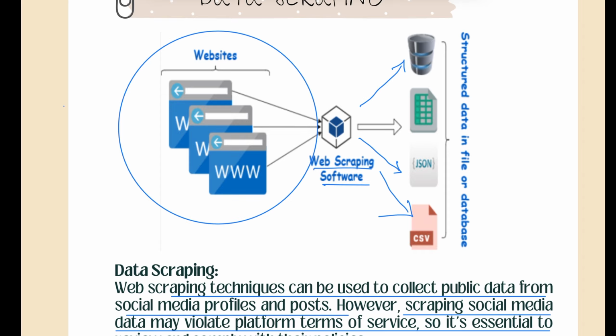The server responds with the website's HTML content, which the tool or the code then parses, means breaks down, so that the computer understands it to extract the desired data. Finally, the extracted data is saved in a structured format like a CSV file or JSON file, or it can be any other database in the cloud.